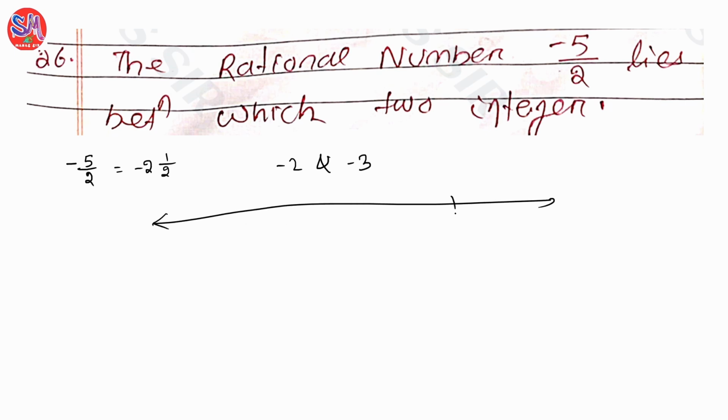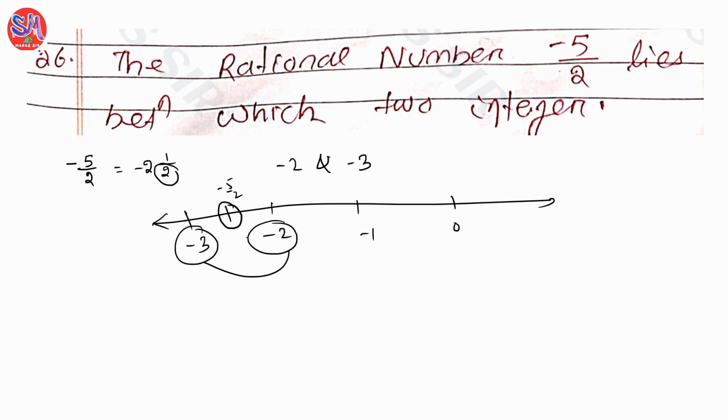Here is 0, minus 1, minus 2 and minus 3. We divide by the denominator. Here the denominator is 2, so draw only one line between 2 and 3. That is here. Now this rational number, minus 5 by 2, lies between which two integers? That is minus 2 and minus 3.